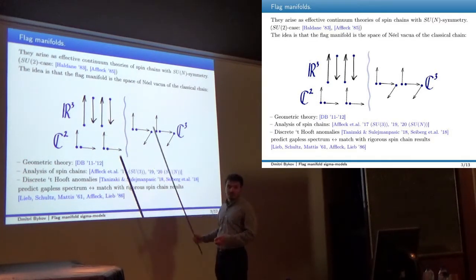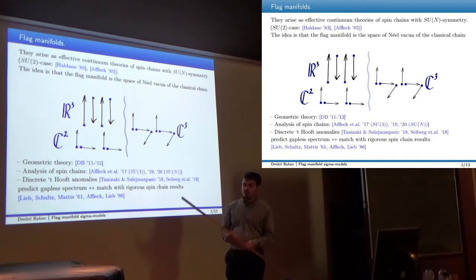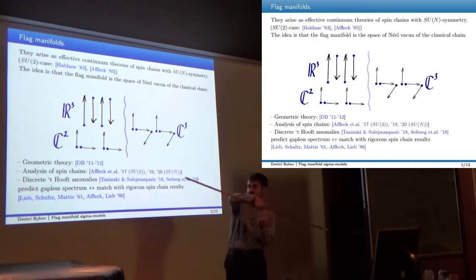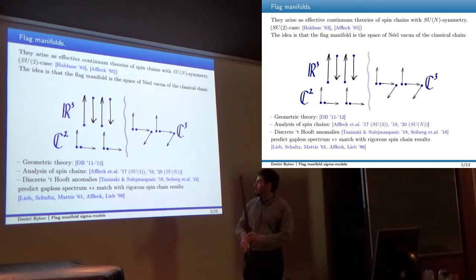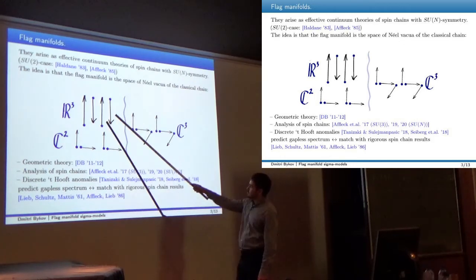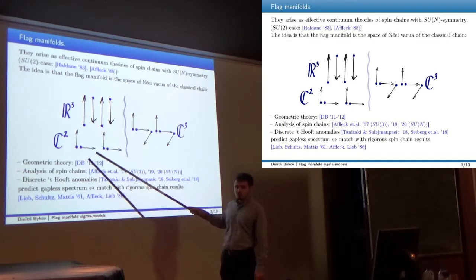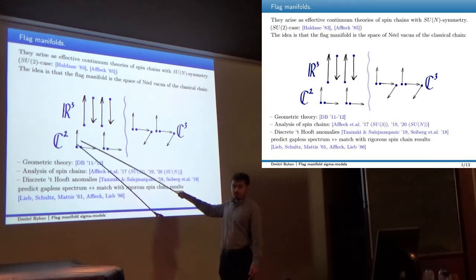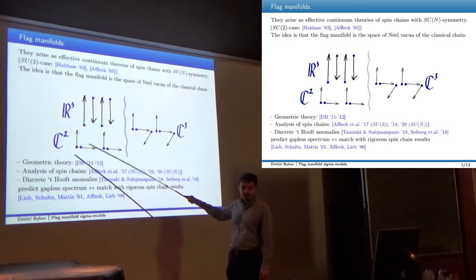And the moduli space of Néel states is a sphere, because you have these two antiparallel vectors, but they can rotate around the sphere anywhere you like. So the target space of the sigma model is always this moduli space of Néel vacua. If you rewrite these antiparallel vectors in complex notation, by doing a stereographic projection, it's the same as having two-dimensional complex vectors orthogonal to each other. That's just a simple fact.